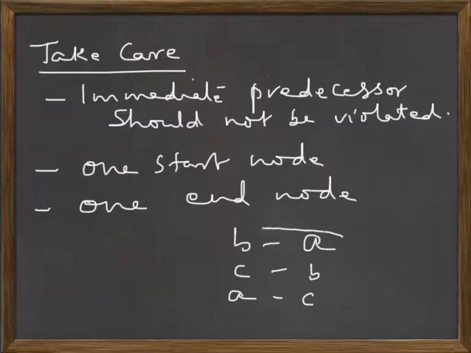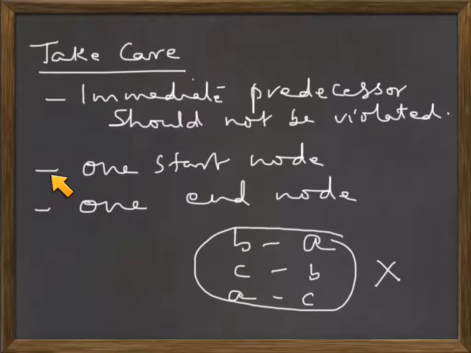If this kind of situation is there, then you will find that the project never gets over. Anyway, this cannot be there in a project. If it appears anywhere, it means that the work breakdown structure is wrong. So if we take care of these 3 points, that we don't violate the immediate predecessor relationship and we keep one start node and one end node, then we can very easily draw the network diagram.